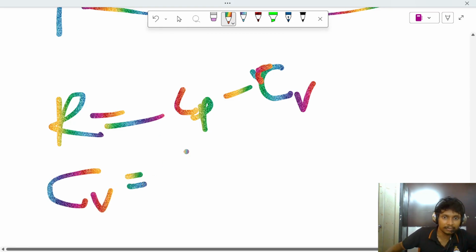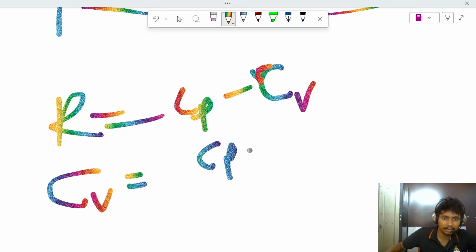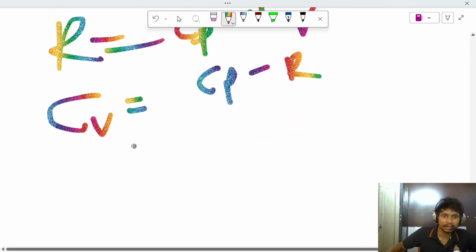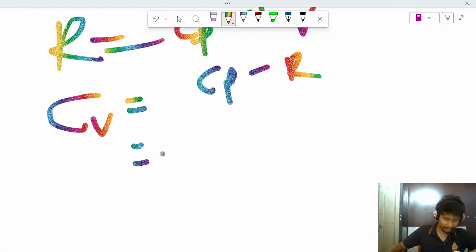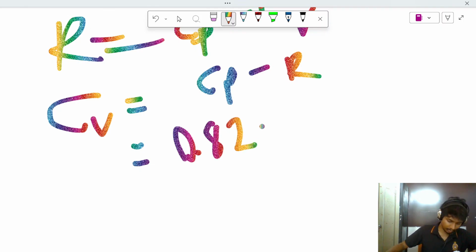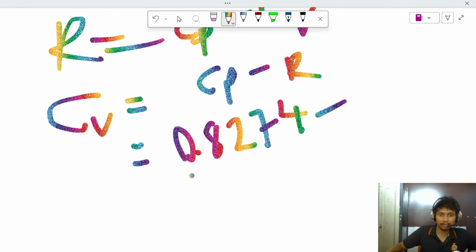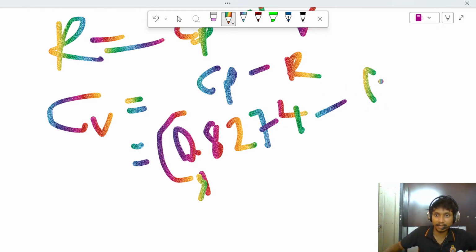Therefore, Cv is equal to Cp minus R. Cp is 0.8274 kilojoule kilogram minus 1 Kelvin minus 1, which we found in part B. R is 0.174, which we already found in part A.